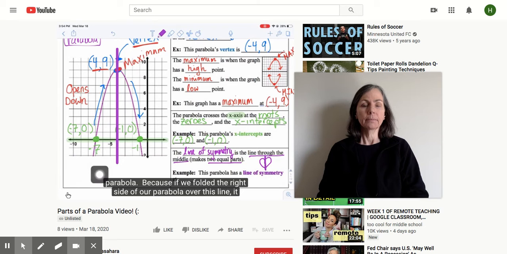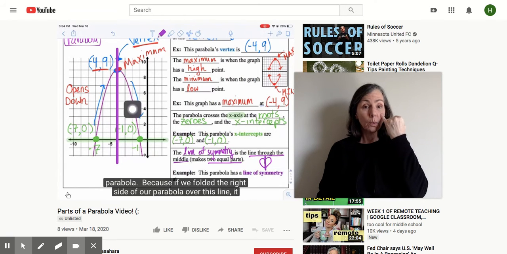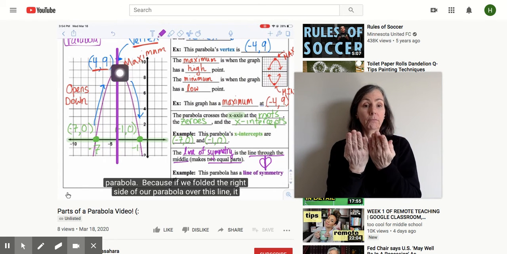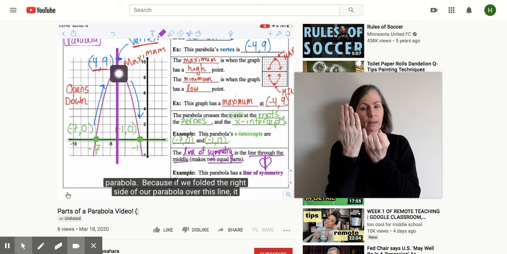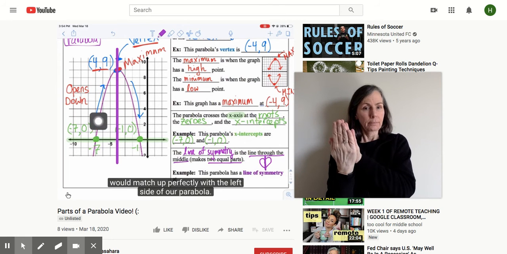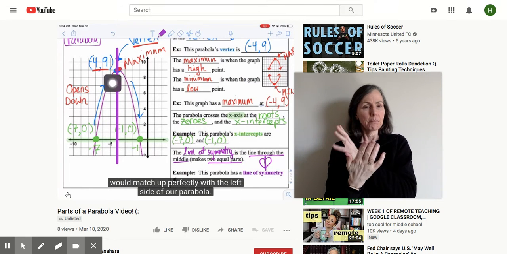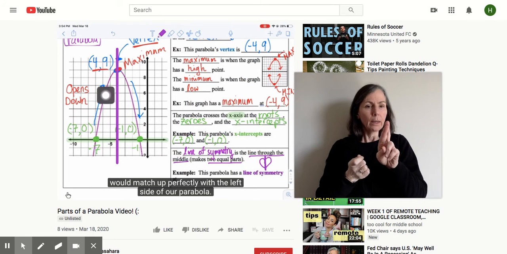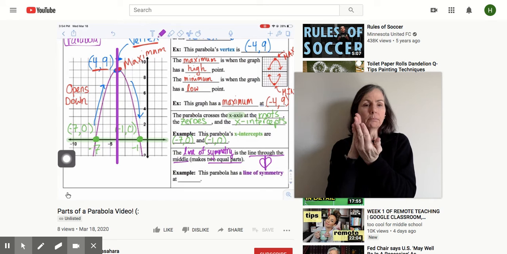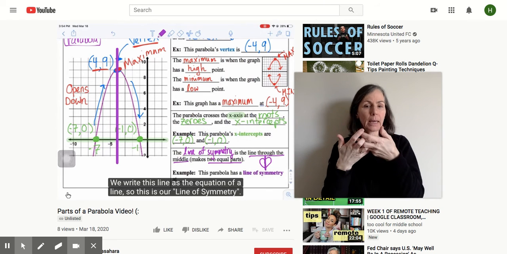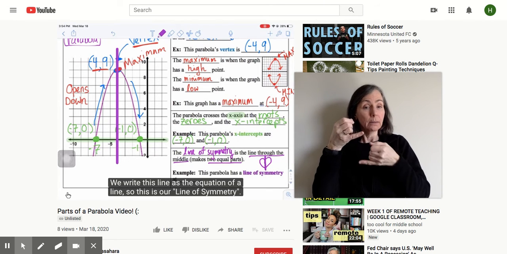Because if we folded the right side of our parabola over this line, it would match up perfectly with the left side of our parabola. We write this line as the equation of a line.